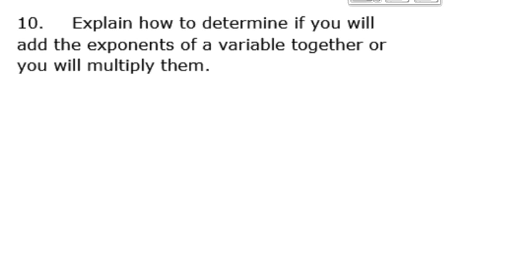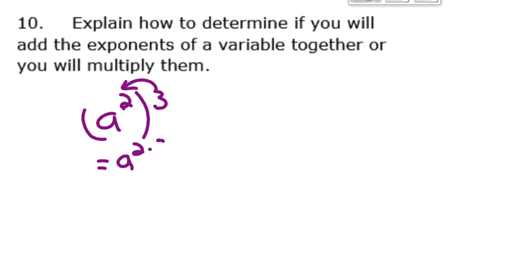Okay, explain how to determine if you will add the exponents of a variable together or you will multiply. You could say this in words, or you could give me an example. Let's give an example of multiplication. When there's parentheses, a squared to the 3rd power gives me a to the 6th. That means a to the 2 times 3, which is a to the 6th.